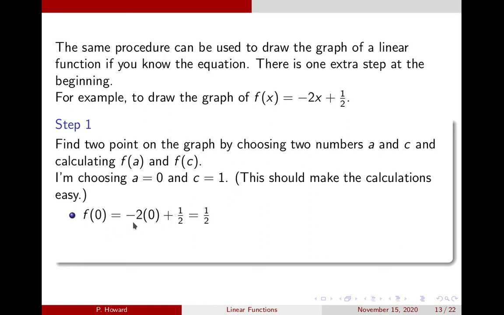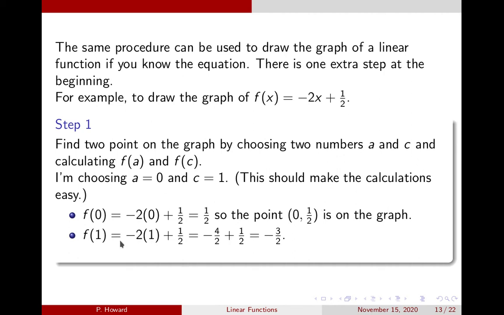f of 0 is minus 2 times 0 plus 1/2, plugging 0 into the formula for f. Minus 2 times 0 is 0, plus 1/2 gives me 1/2. So the point 0, 1/2 is on the graph. And now we move to calculating f of 1.